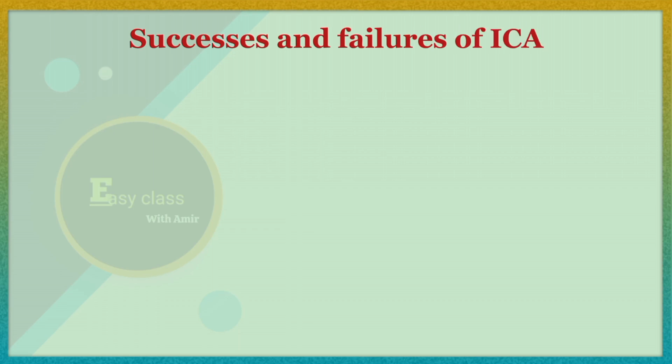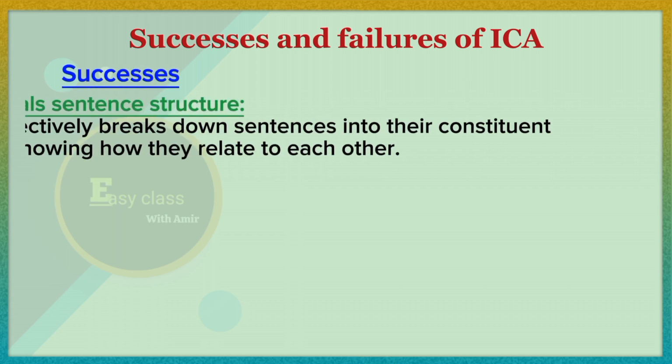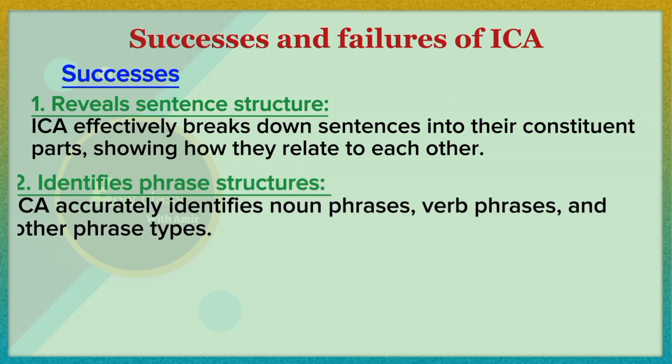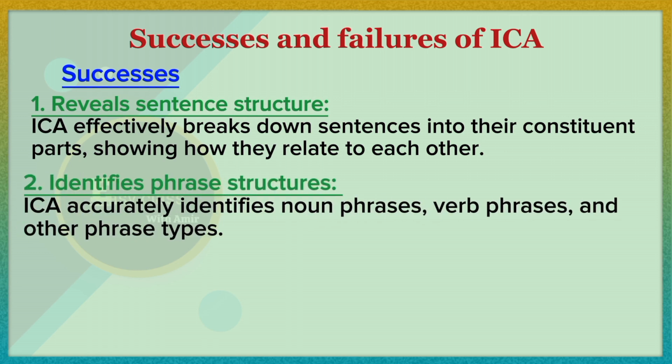IC analysis has both successes and failures in analyzing sentences. Successes: reveals sentence structure. ICA effectively breaks down sentences into their constituent parts, showing how they relate to each other. Identifies phrase structures. ICA accurately identifies noun phrases, verb phrases, and other phrase types.